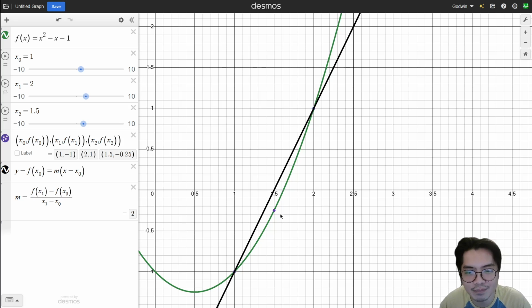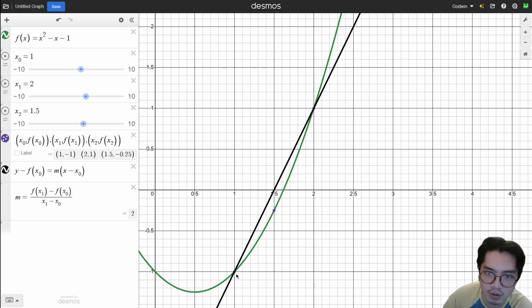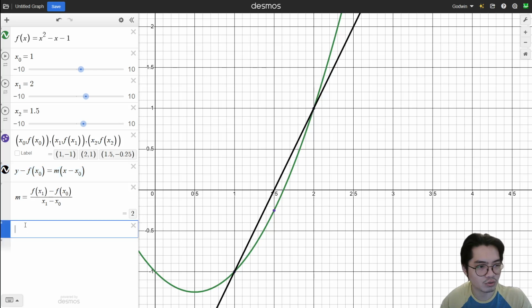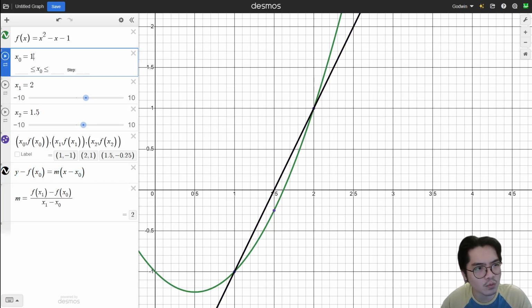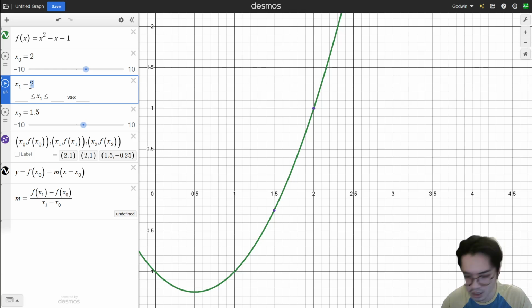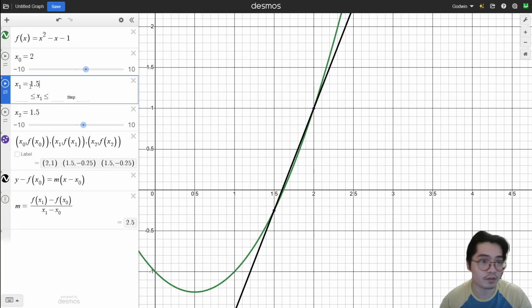So the secant method is kind of a switching method. This old one will be replaced by the new one, and this new one will be replaced by the newer one, right? So let's just change everything. Instead of this being 1, this is now 2. This, instead of 2, will now be 1.5.